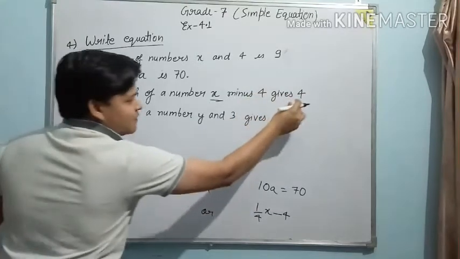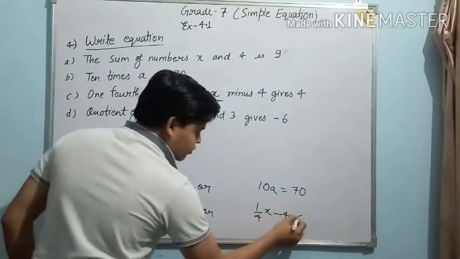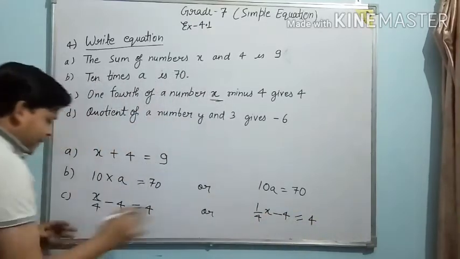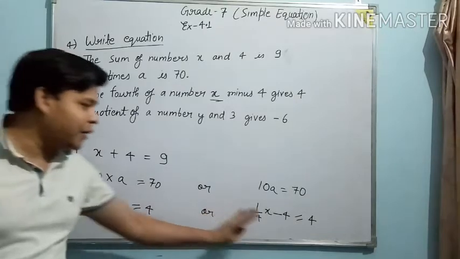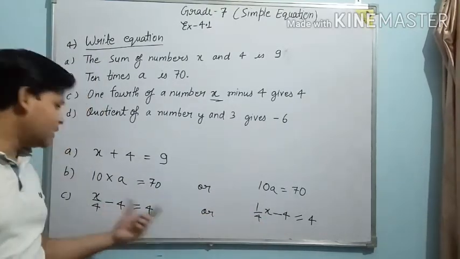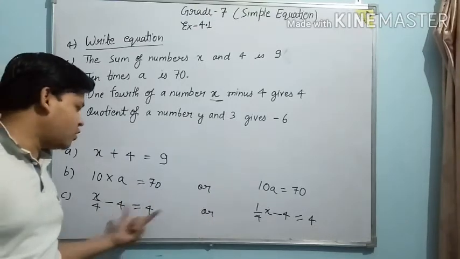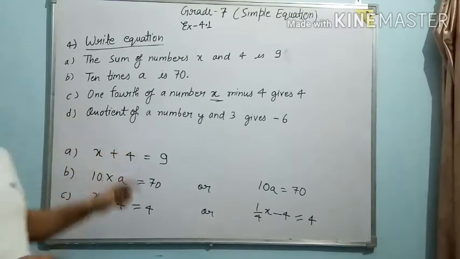Gives 4 means 4 is the result, that means equals to 4. Here also equals to 4. I have written two equations, but you can write any one of these, because both are correct. You can use any method.